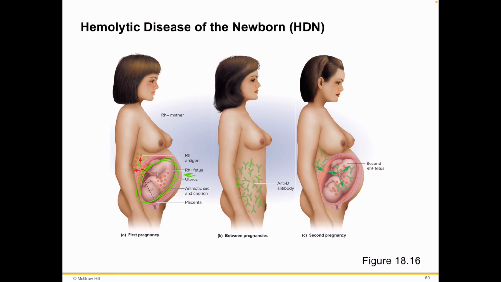And so if you have a second pregnancy with a rhesus positive child, then the antibodies will actually dimerize, and that would cause an immune response and possibly terminate the pregnancy, causing other problems. So that's why we look for this testing early on to avoid this hemolytic disease of the newborn, right? Because it is preventable now.